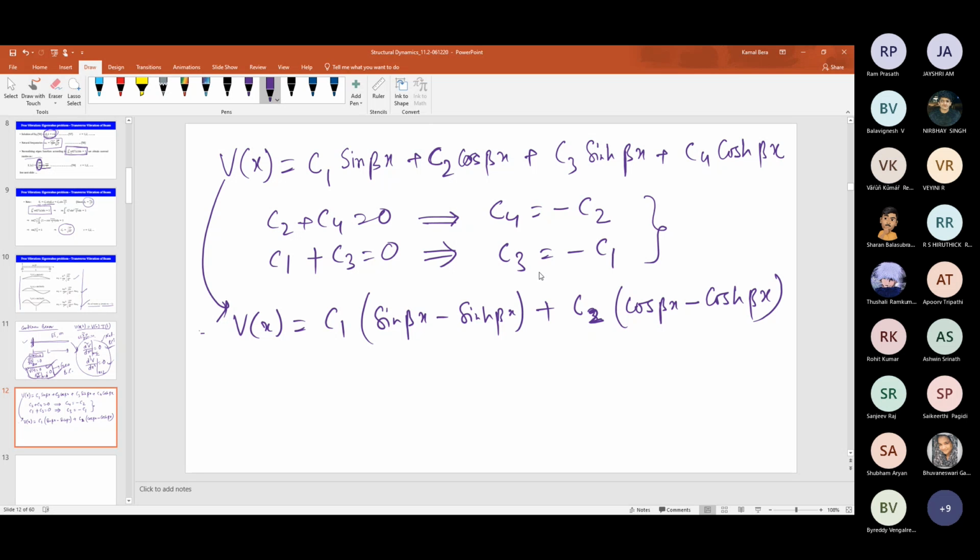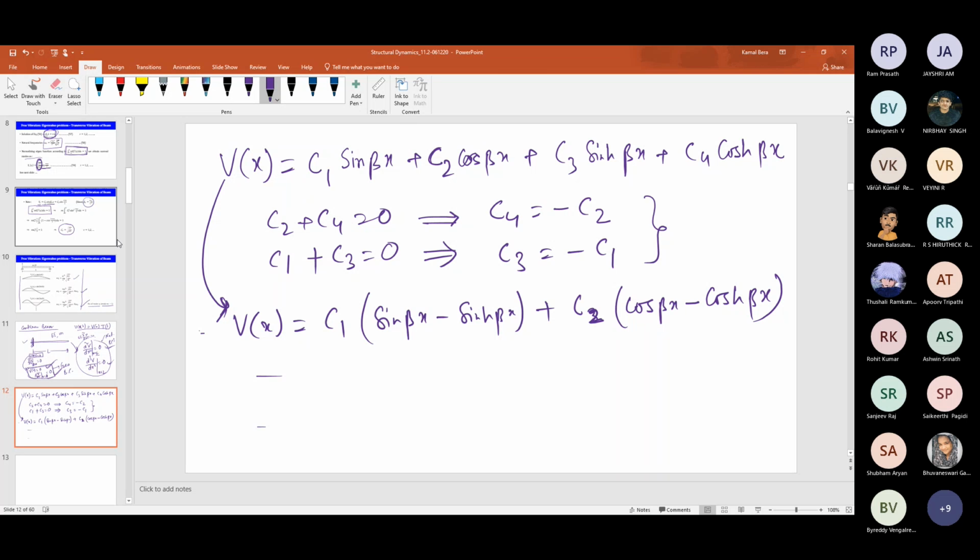Now I apply the remaining two boundary conditions, the force boundary conditions at the right hand side of the cantilever. Then you'll get another two equations. Then I'll take the determinant of the coefficients equal to 0 for a non-trivial solution. We'll get the characteristic equation. Done.